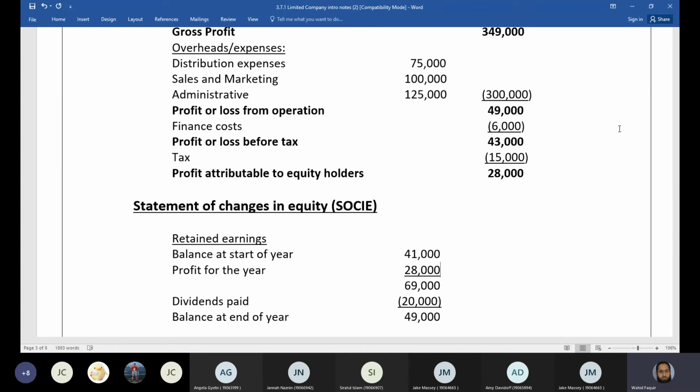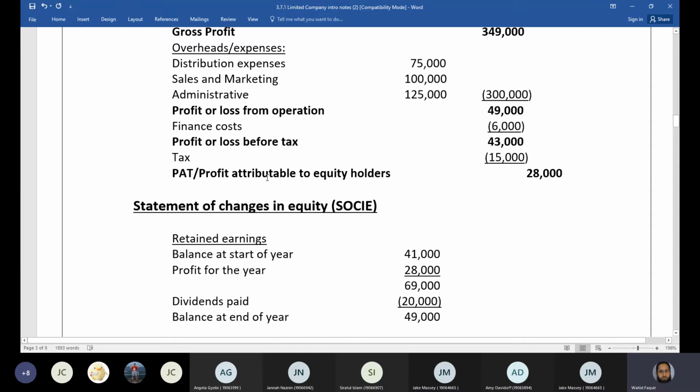There's one figure that you would get from the income statement. Jake is saying profit, but then somebody is saying, but hold on a minute, Jake. We've got gross profit, we've got profit or loss from operations, we've got profit or loss before tax, we've got profit after tax. And we've even got a different name for that now. We've got profit attributable to equity holders. Yeah, it's the final one.